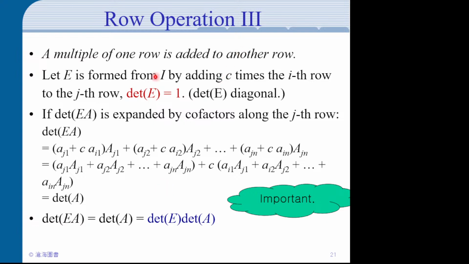Row operation 3 is adding one row to another row with some multiple. Let's look at this first. We think about the determinant of this elementary matrix, where we are adding c times the ith row to the jth row.